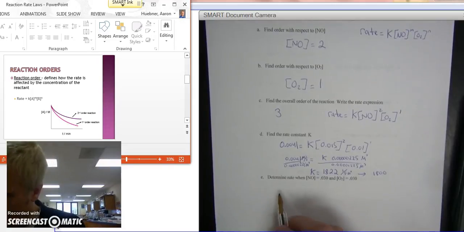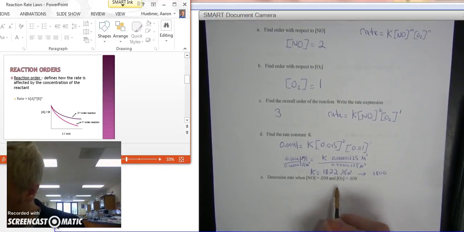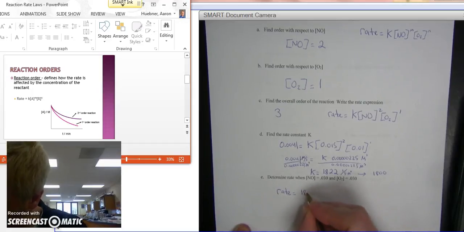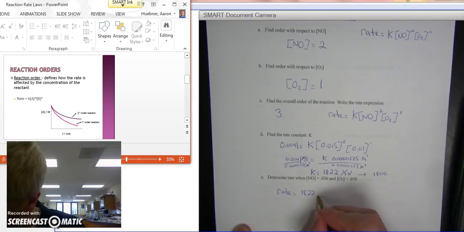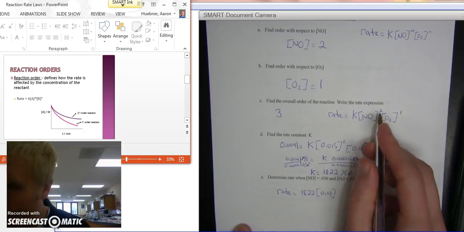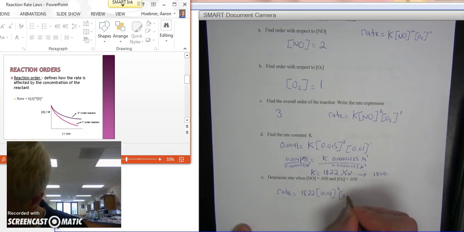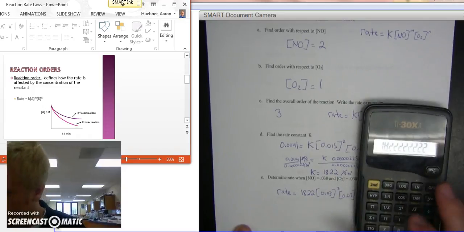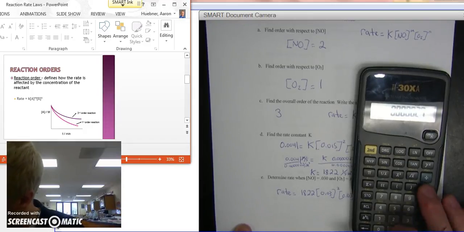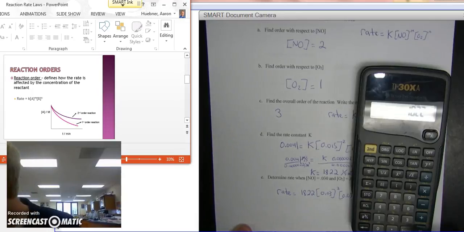Letter E. Last one, we need to determine the rate when NO equals 0.03 and O2 equals 0.03. Alright, so in this case we have different concentrations, and we want to find the rate. We now have our K from problem D. So rate equals, I'm just going to plug in the 1822, times our NO concentration of 0.03 to the power of 2, times our O2, 0.03 to the power of 1. 0.03 squared times 0.03 times 1822.